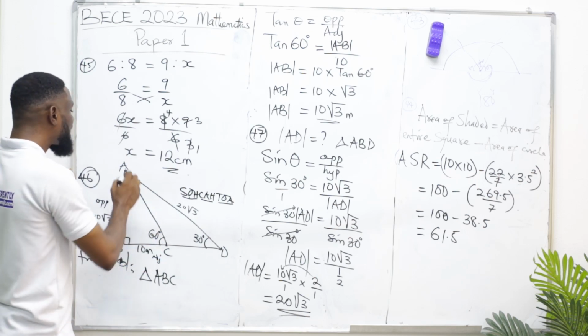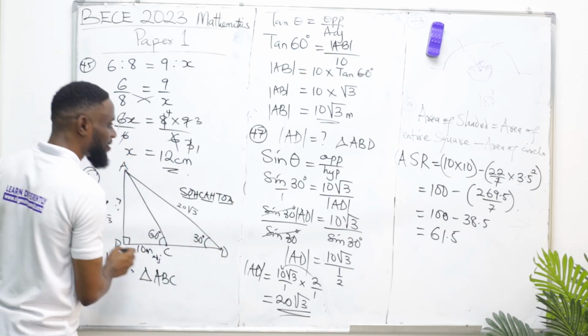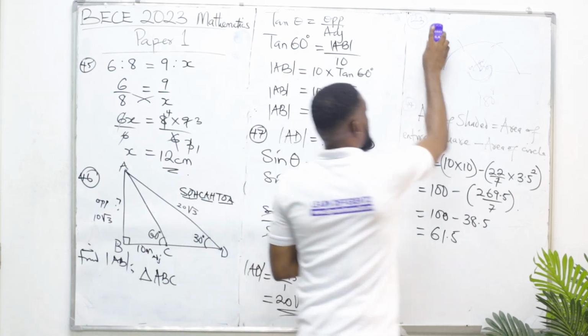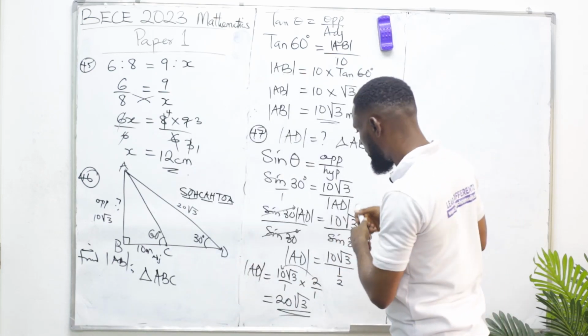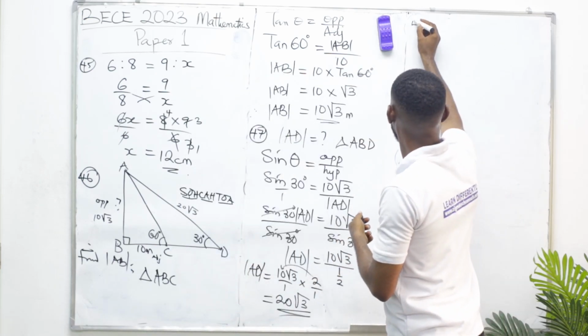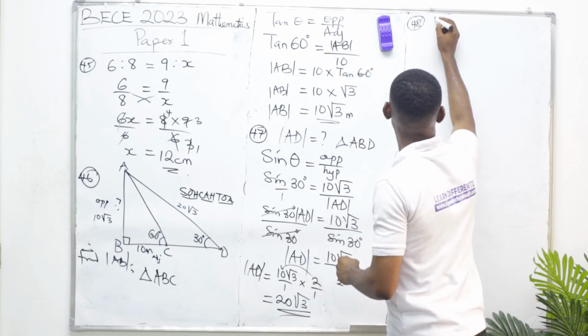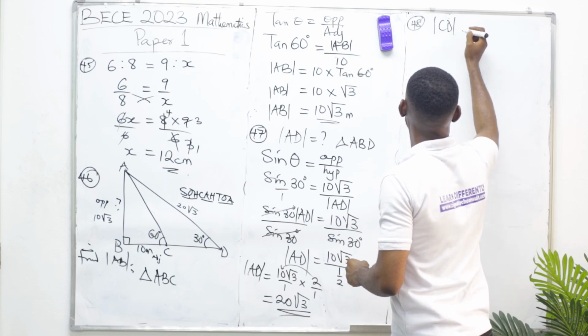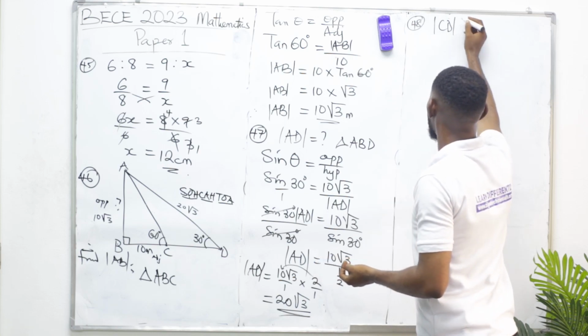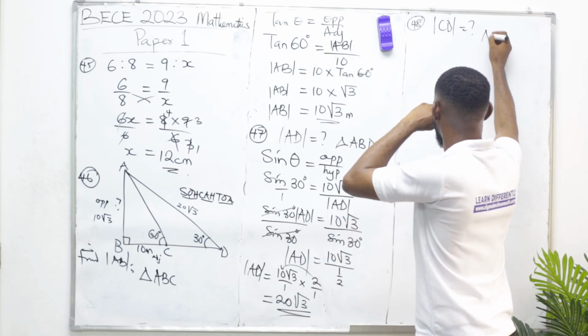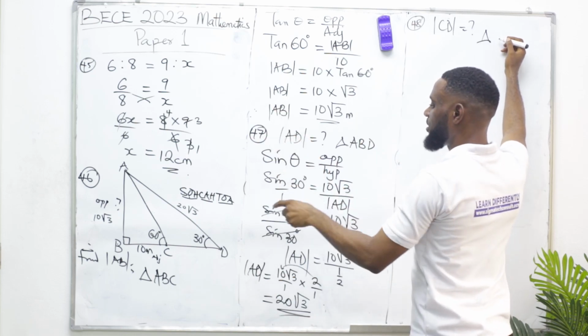So now we can find that with the entire angle. They say we should calculate CD, and that CD, we'll get it from triangle ABD.